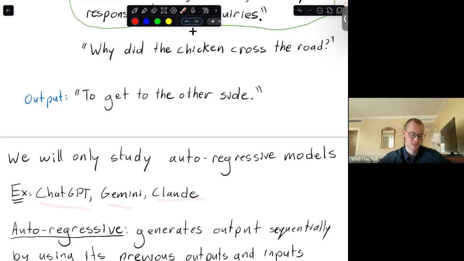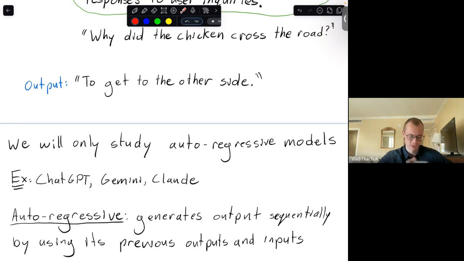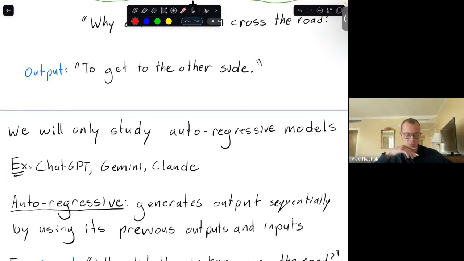Definitely was like this a year ago, and it's very unlikely that they're using something different. All this autoregressive stuff means is that you generate your outputs sequentially by using the previous outputs and inputs you've already generated. So you're regressing on your own outputs from before.